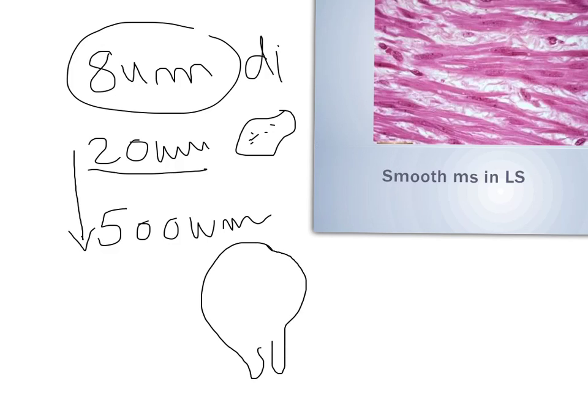Pregnant uterus, of course, is much enlarged, so the length of the smooth muscle fibers reaches 500 micrometer, while in the blood vessel it is 20 micrometer in length.